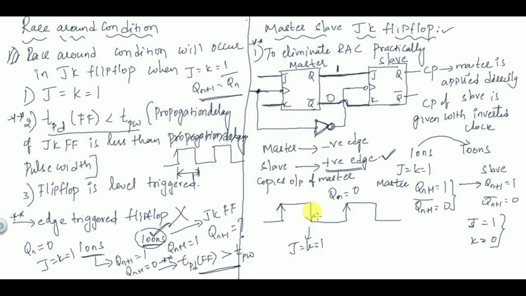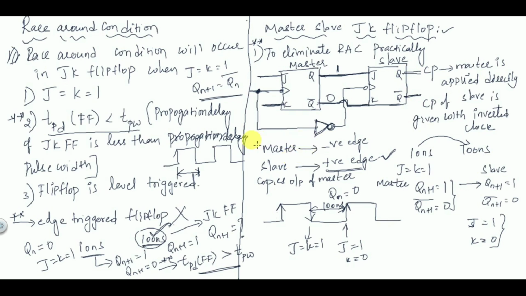But for this total duration of 100 nanoseconds, the slave will be in deactive state, because the slave activates only on the positive edge. At this stage it will be activated. Then J equal to 1 and K equal to 0 are applied to the slave and the corresponding output will be obtained at the master-slave flip-flop.